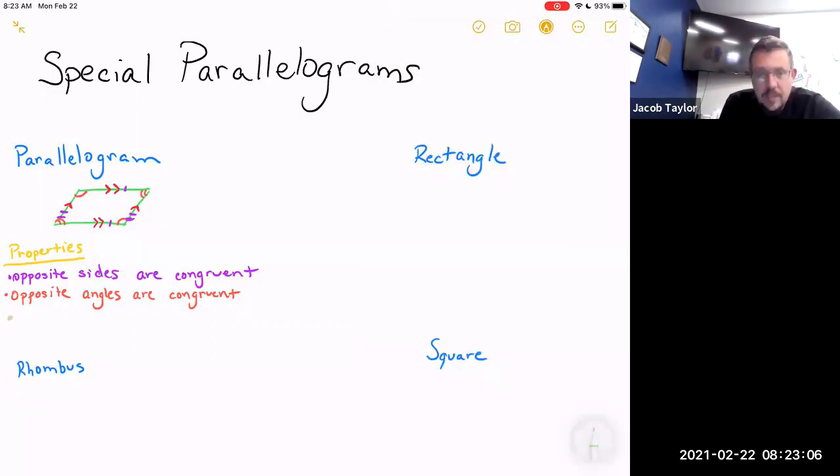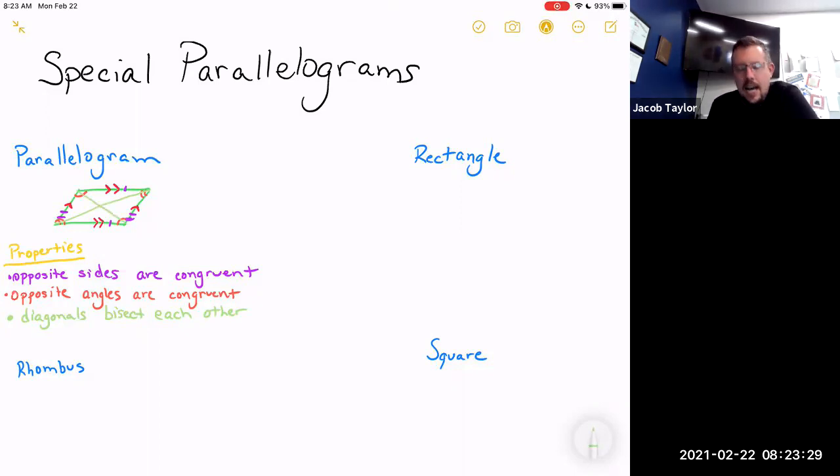We also know that diagonals bisect each other. Meaning, if I were to draw in a couple of diagonals here, the diagonals are cut exactly in half.